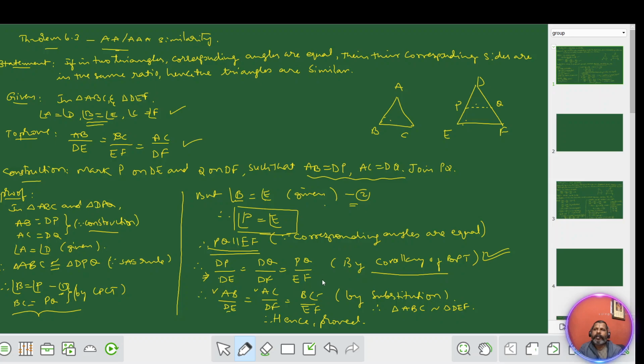Understand? If you don't understand, please comment. I can clarify for you. Now, instead of DP, DQ, PQ, we can substitute their values by construction, and just now we proved BC equal to PQ. So we obtain what we wanted to prove. So this is one of the similarity criteria, the AA criteria or AAA criteria, which states that if the angles of two triangles are equal, then the corresponding sides are proportional.